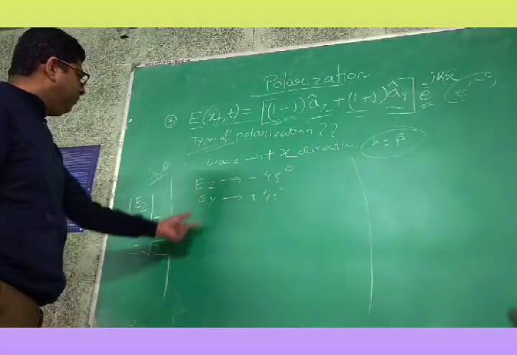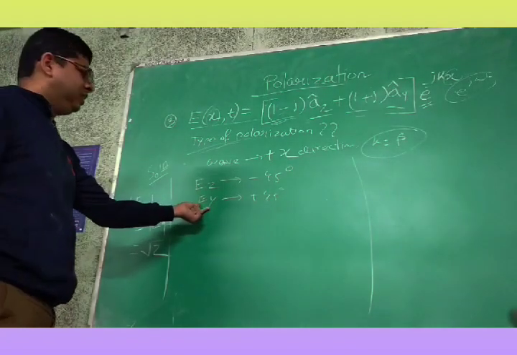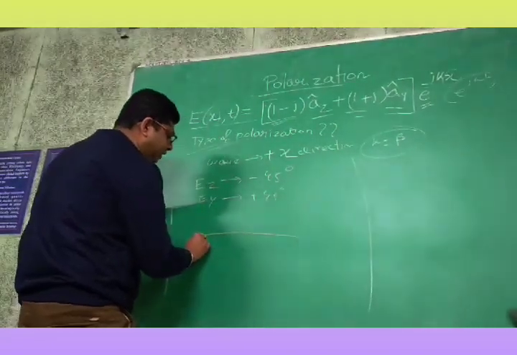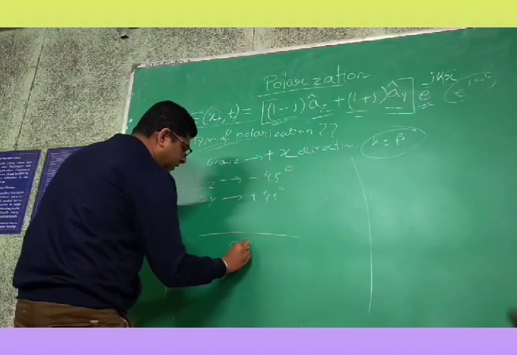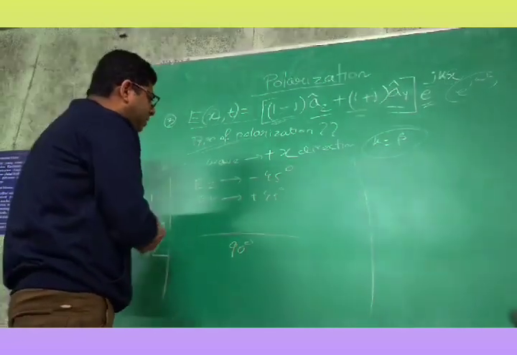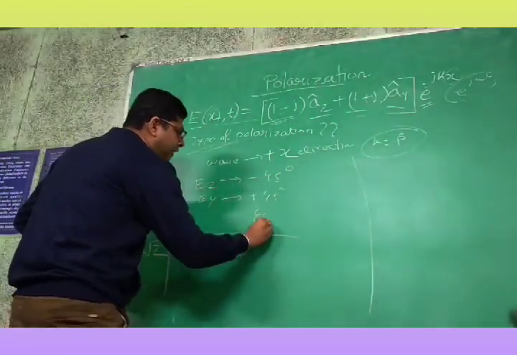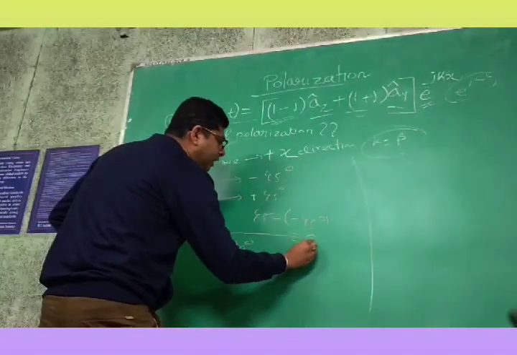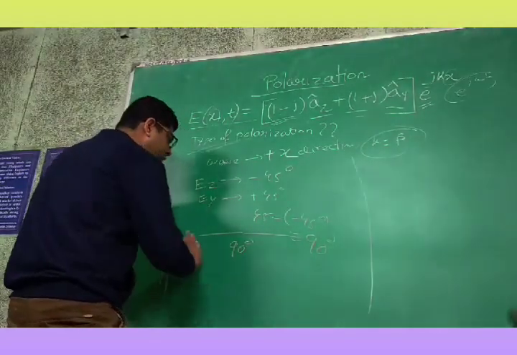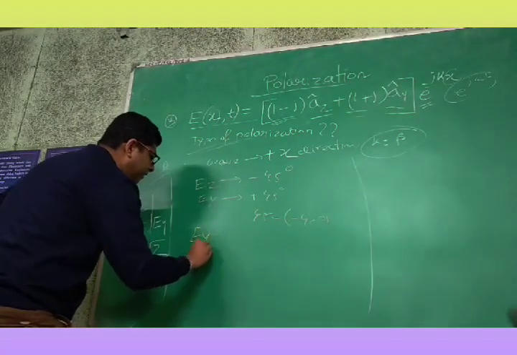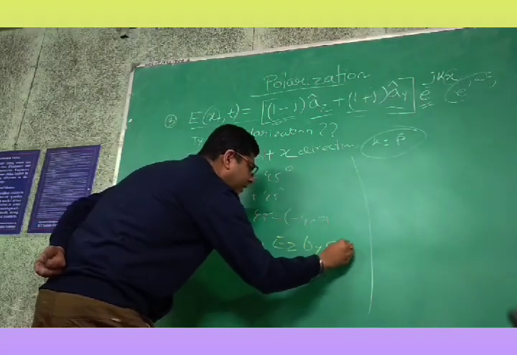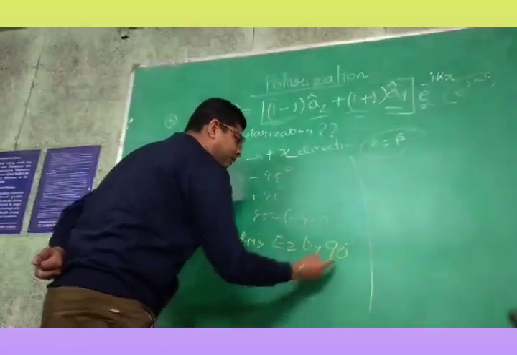Obviously Ey is leading. By how much? Plus 45 minus minus 45, that is 90 degrees. So the total difference between these two components is 90 degrees, and Ey is leading Ez by 90 degrees.